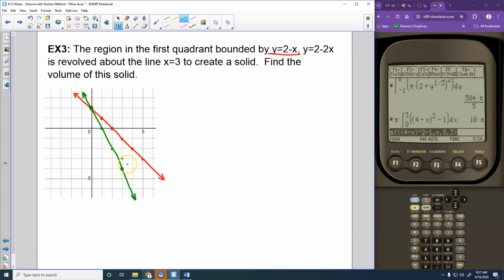That point will be right there. And it tells us first quadrant. So first quadrant means we're looking at just this little sliver right here.